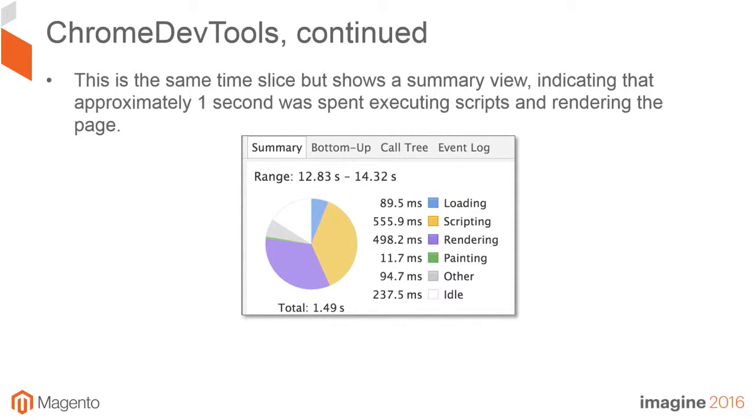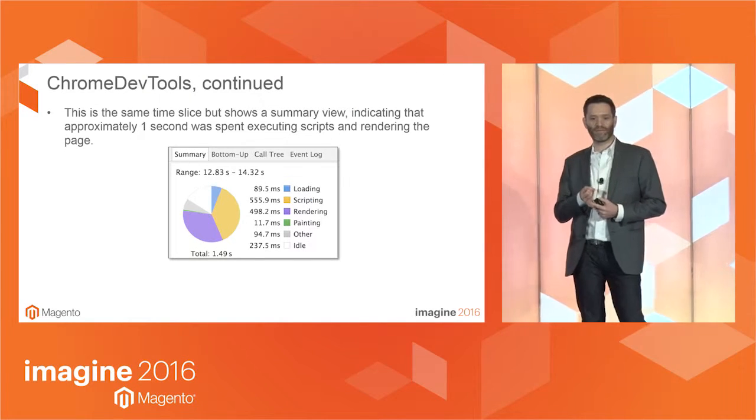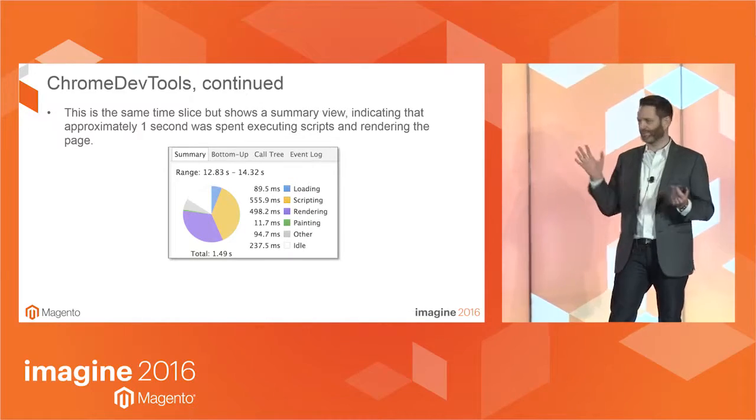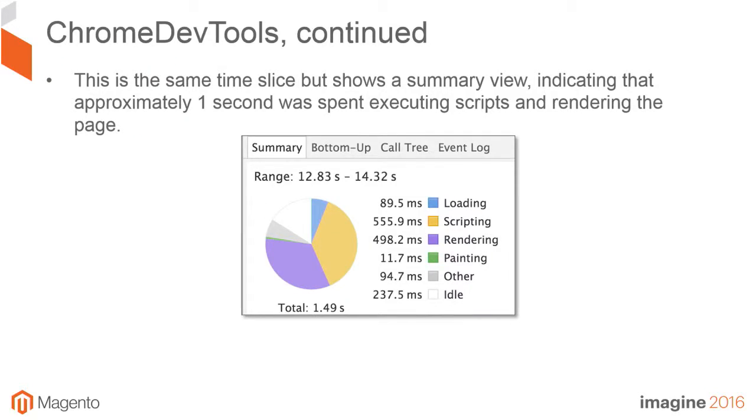So this is the same slice of that session, and we're basically seeing which function or which activity took how much time. And what we can see here is that scripting and rendering take the most time by far, okay? Just to go through them really quickly, loading is transferring assets from the server to the browser.